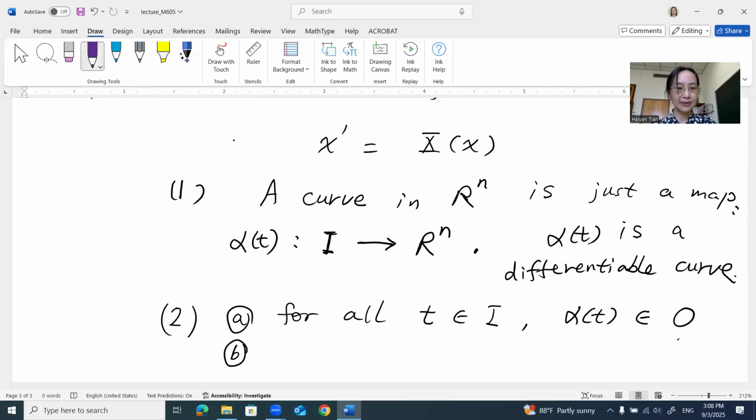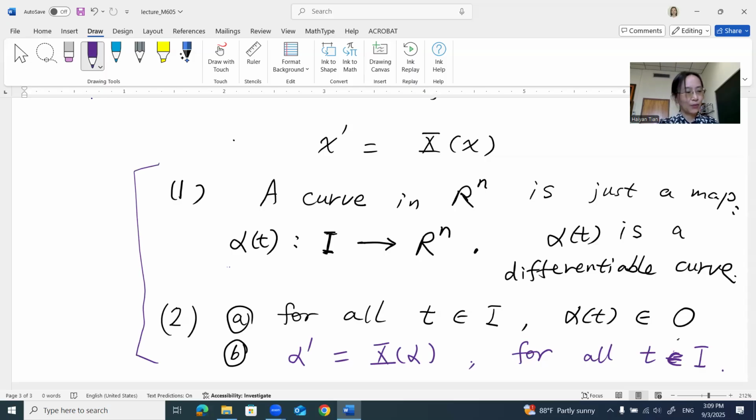Then, if alpha satisfies alpha derivative equals the vector field at alpha for all t in that time interval I, then alpha is called a solution of the differential equation system. So that's our definition of the solution.